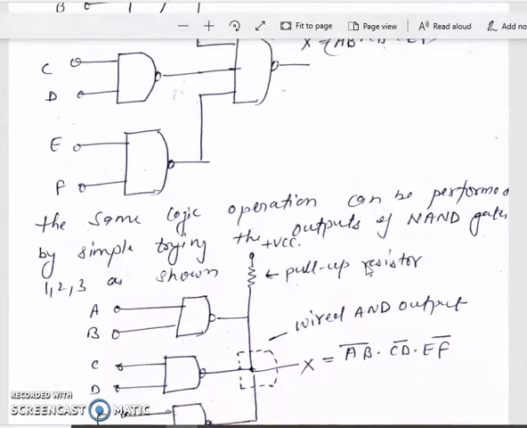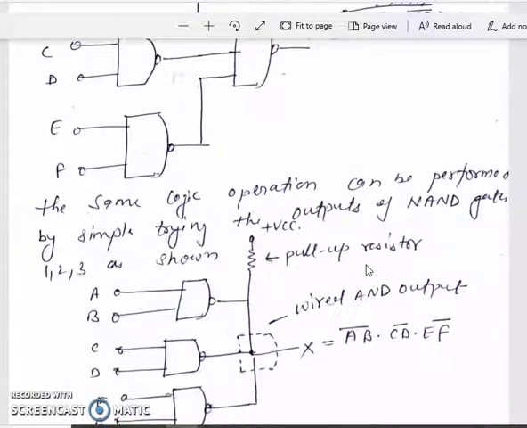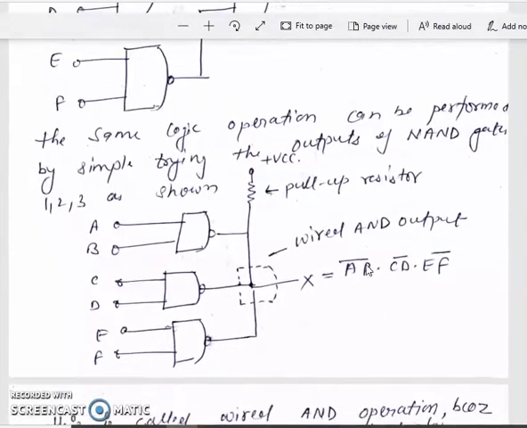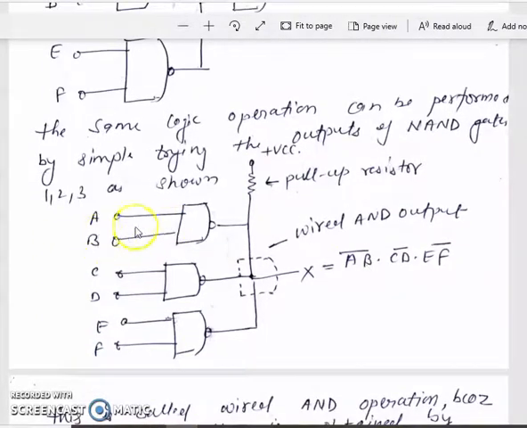The same circuit operation can be performed by simply tying the outputs of NAND gates. See here, this is NAND gate 1, 2 and 3, but this is a wired AND gate. Physically, there is no NAND gate present here.